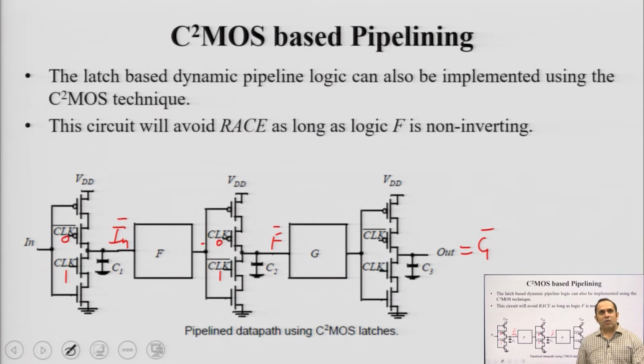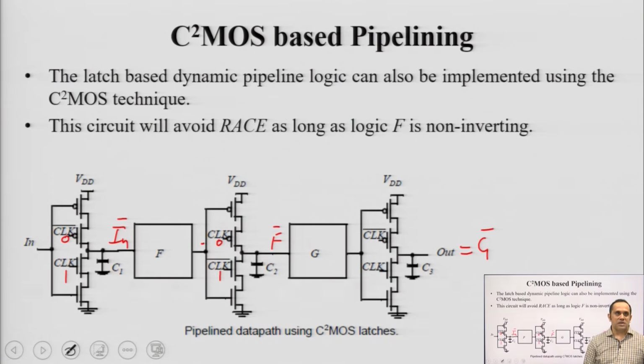This circuit will avoid the problem of race as long as the logic mechanism of combinational block F is non inverting. So, in that case you are going to avoid the problem of race which happened in a latch based pipeline circuit. So, what we are doing?